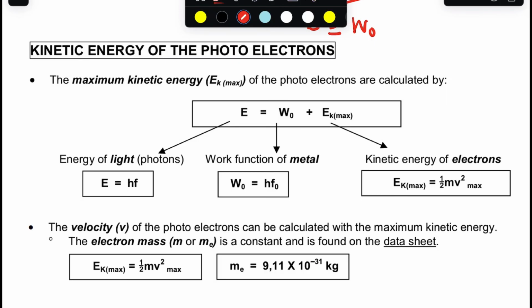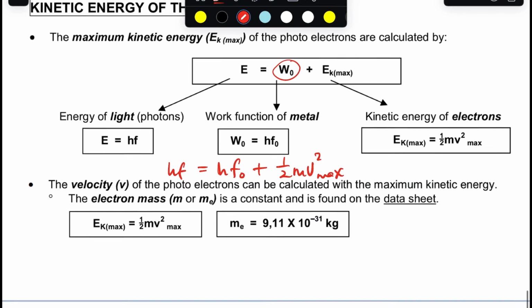So you can simply use this formula: E is hf, the work function is phi, and then you say half mv squared maximum. The maximum is important there.